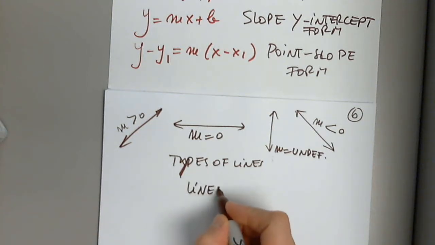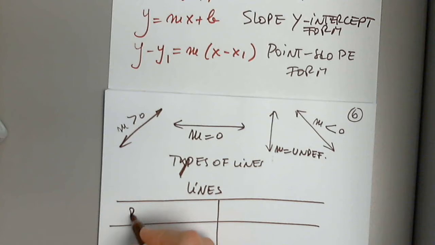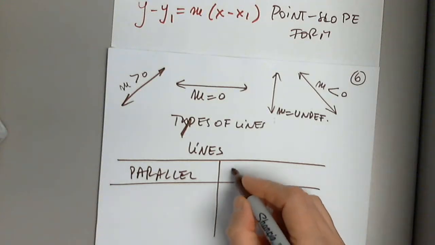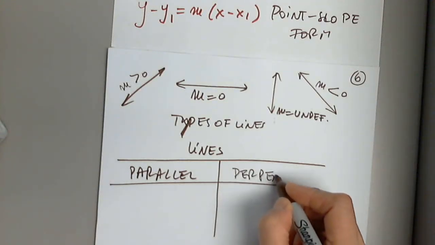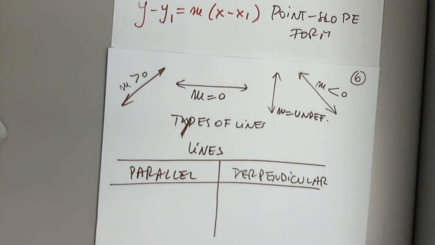Okay, lines. 2 lines can be parallel or perpendicular or none of the above.